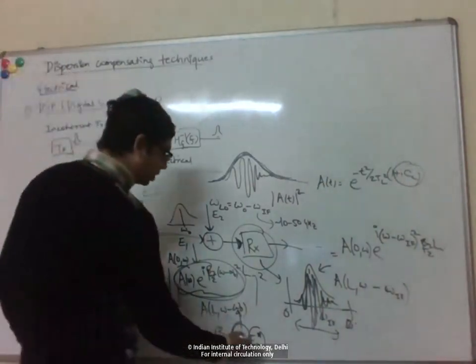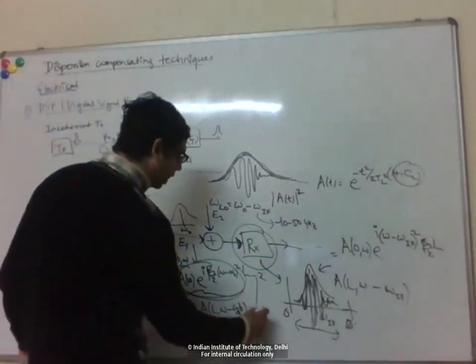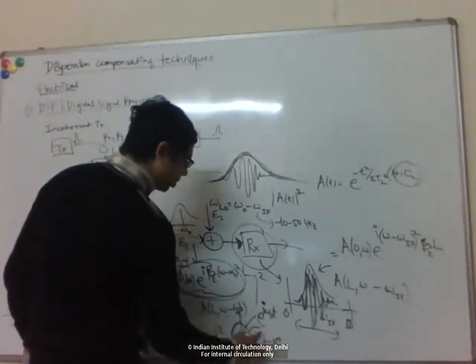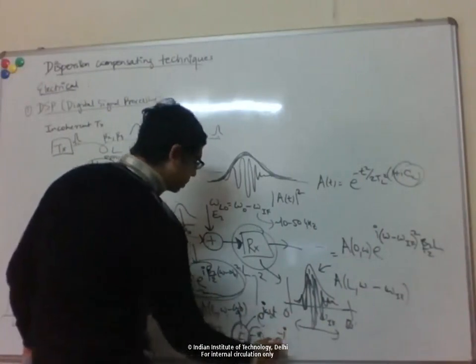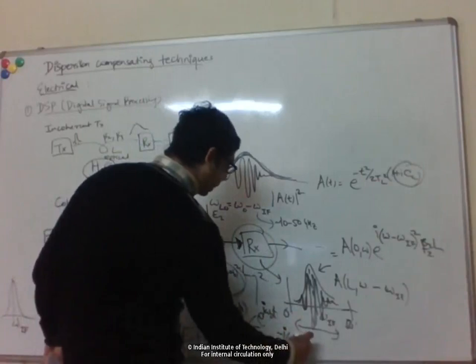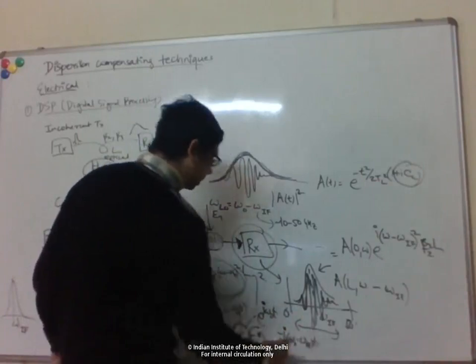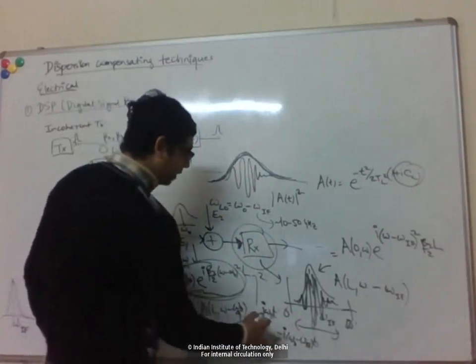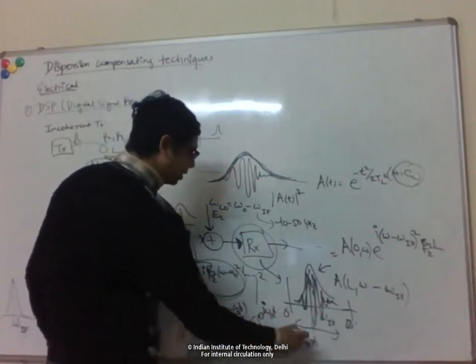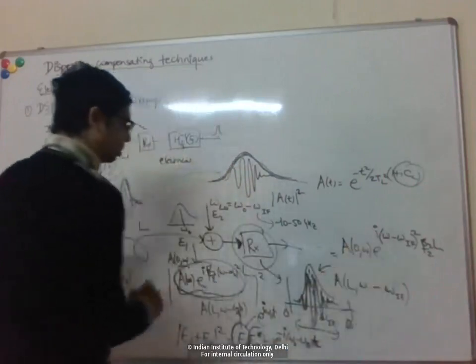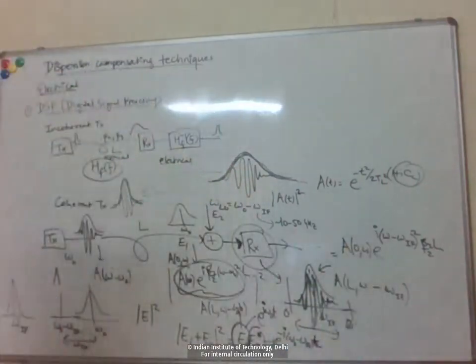Okay, so this beating is this cross term, right? One of them goes as e to the i omega naught t. The other one, there's a conjugate, so it goes as e to the minus i omega naught minus omega IF t. So you can see the product of this, you will have e to the i omega IF t, so it will be centered at omega IF.